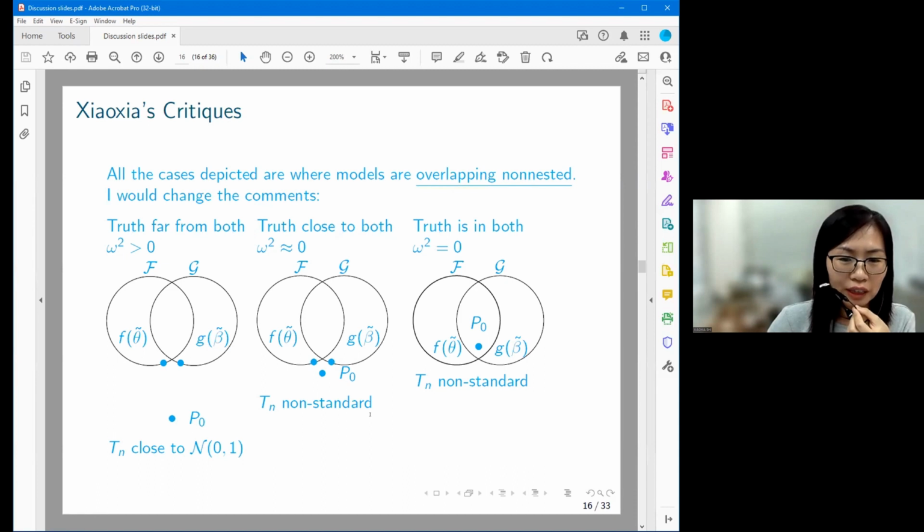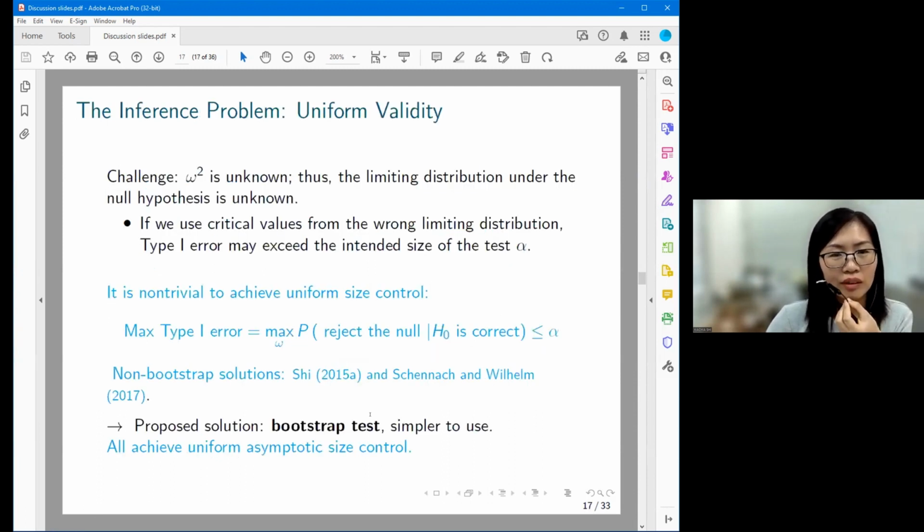So therefore, it is a challenge to come up with the right critical value for this test, and therefore to come up with a valid test. So the challenge is omega squared. The variance of the log density ratio is not known.